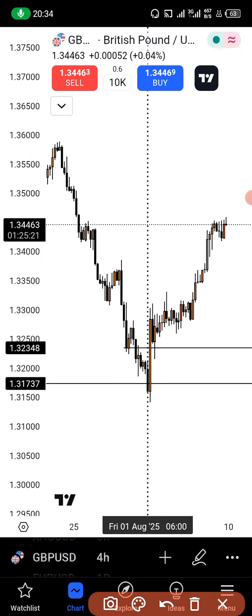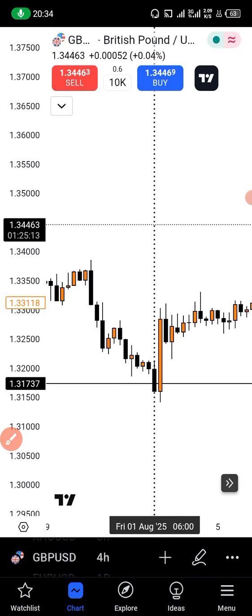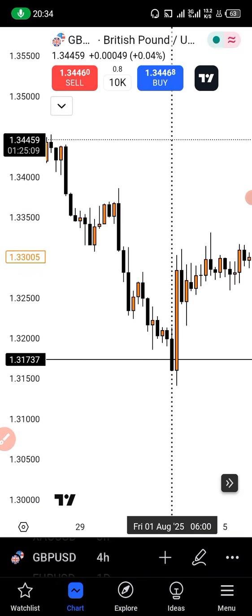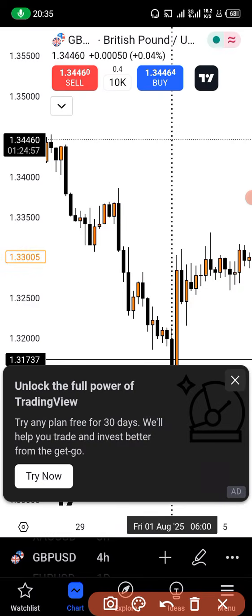So what if we want to take it down a bit further and refine this whole thing? What I would do is this. Once I see that price has broken above this level, what I'm expecting now is a retest, and that is where I will have all my levels marked out.